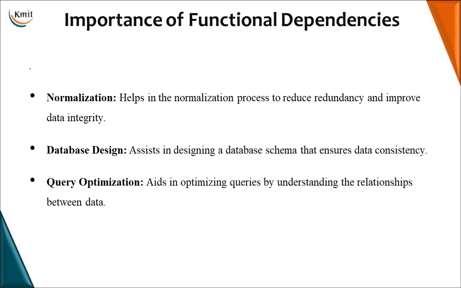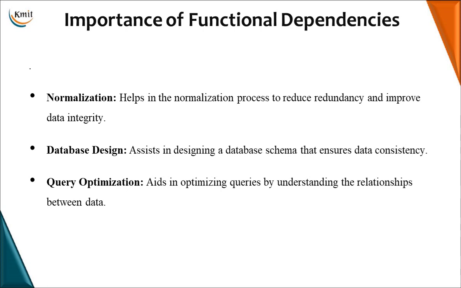Now what is the importance? Basically functional dependencies help you in normalization. Normalization is the process of decomposing the table, or splitting up a larger table into smaller ones. Now how do I do it? Based on the functional dependencies. Normalization can help me in reducing redundancy and maintaining data integrity.